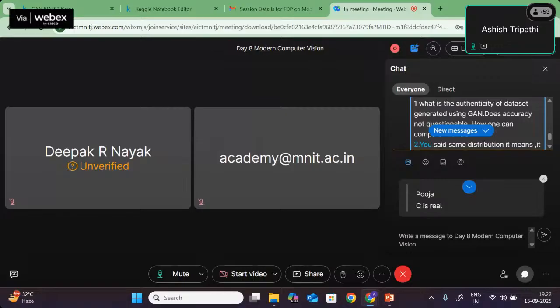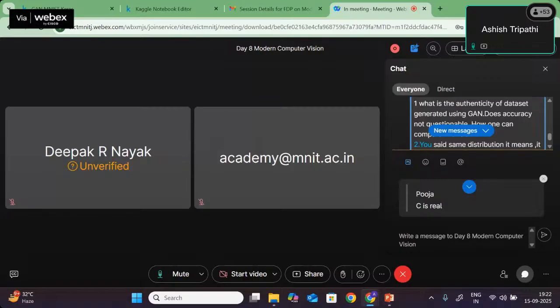For checking the authenticity of the generated data, we have some metrics like FID scores, which are used to check the similarity index of the real image and the generated image.